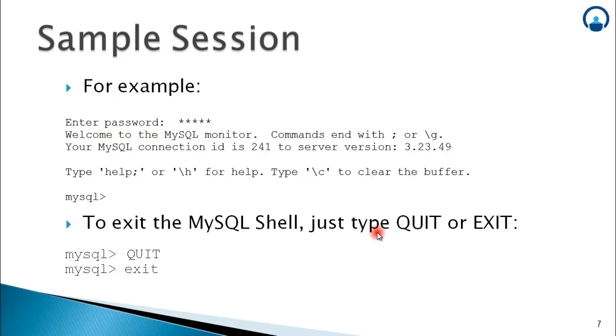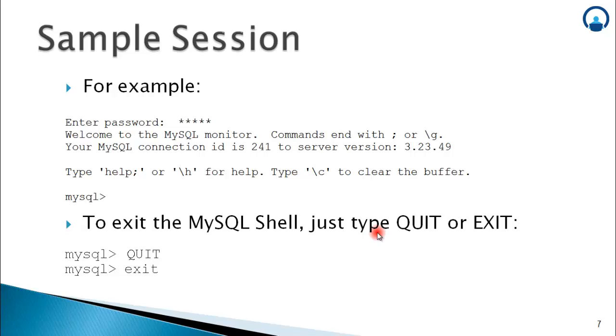When you go to the CMD, that is your command prompt, you have to type mysql -u, the username will be root, and -p. Once you press enter, it will ask you for the password which you have to enter, and that will start your MySQL session.